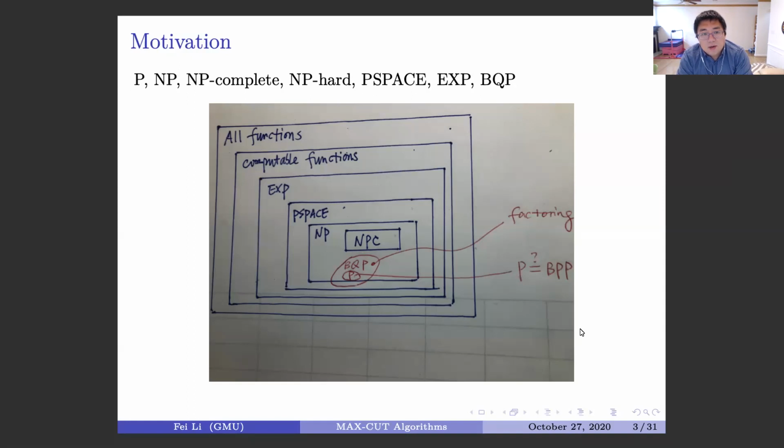Among all the functions that we could calculate, the first one is computable functions, that they could be computed, but some of them may not be computed using the classic Turing machine. A subset of the computable functions is the exponential time algorithms.